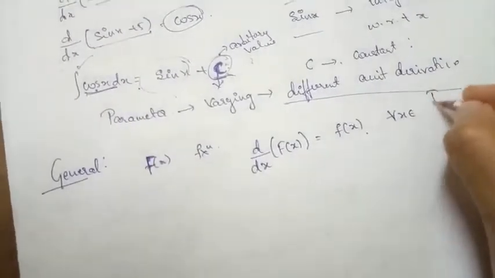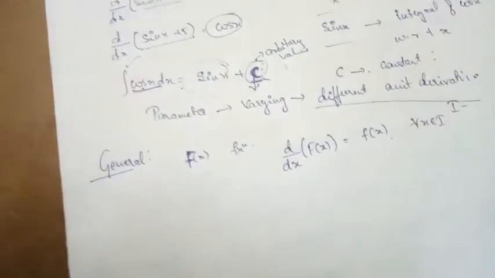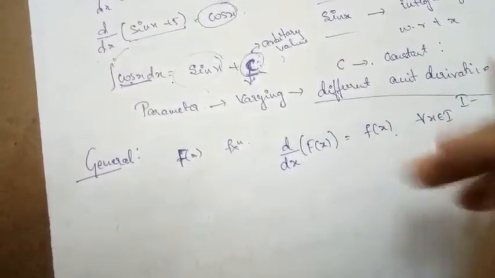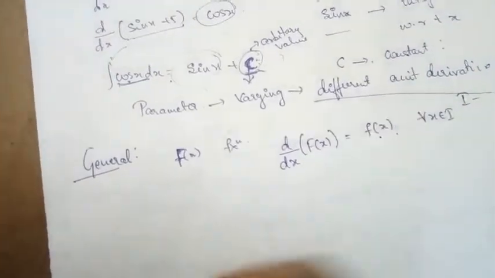If I consider any interval, then for all x within that interval, this is differentiable. So here clearly small f of x is a given function and it is the derivative of the given function capital F of x.